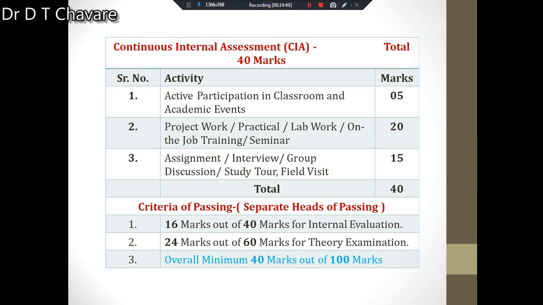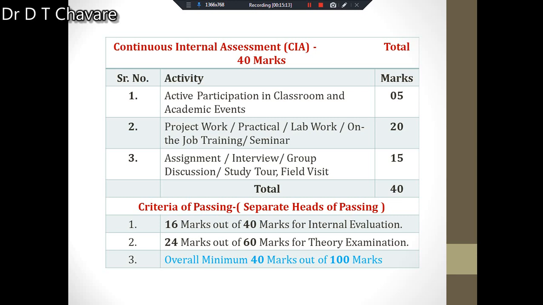Now you have to understand what is the criteria of passing. You should clearly understand that there are separate heads of passing, don't forget. You have to obtain minimum 16 marks out of 40 for internal evaluation.